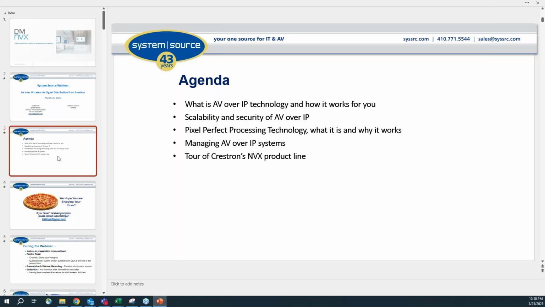Regarding pixel perfect processing technology, Crestron has been around for 50 plus years. I would say we're probably the de facto in AV control and AV transport. A lot of what we do is distributed all throughout the globe. We're roughly a 4,500 person company. We're privately held, much like System Source, and we have 6 world headquarters scattered throughout the globe. Why is that important?